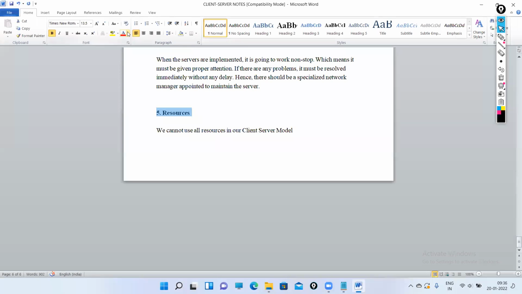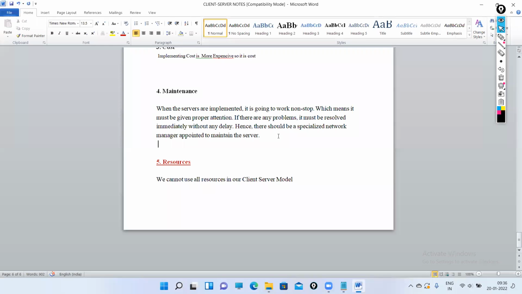Any doubt, madam? If any doubt, please ask me. Simple, this one only. When the servers are implemented, it is difficult to maintain. Why? Because all servers run 24/7.